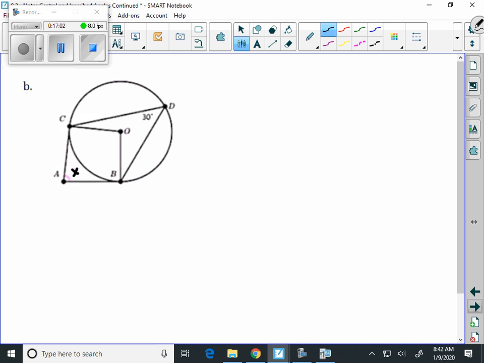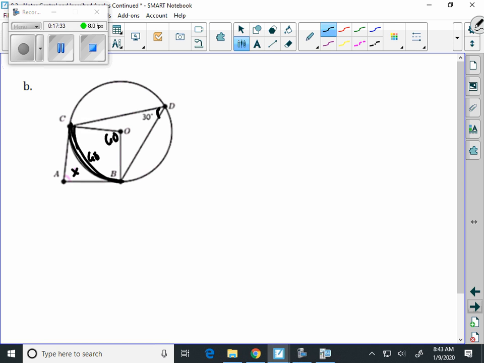You can figure it out because here's the inscribed angle. It has its vertex on the circle. And this measure of the 30 degrees is half the measure of our intersected arc. So 30 is half of 60, which means that if arc CB is 60, then the central angle is also 60.